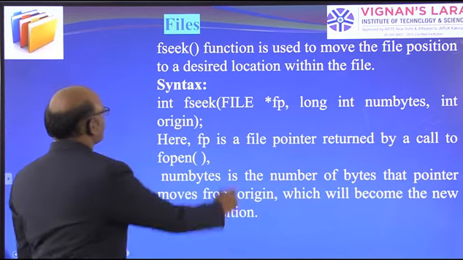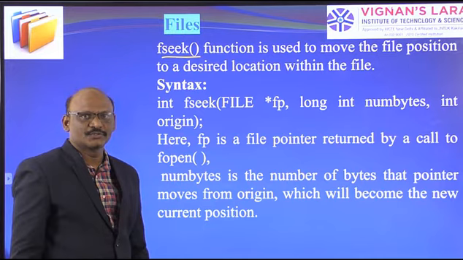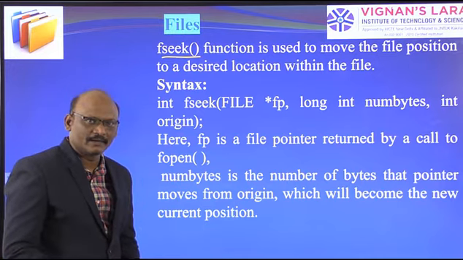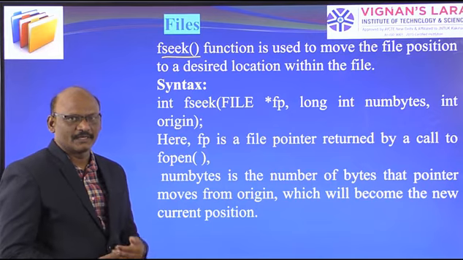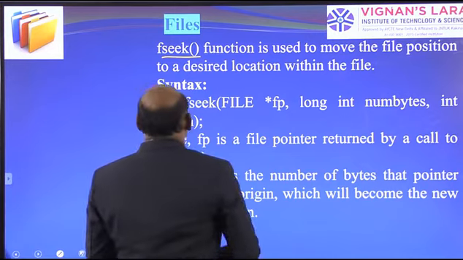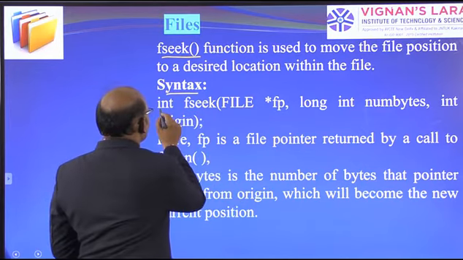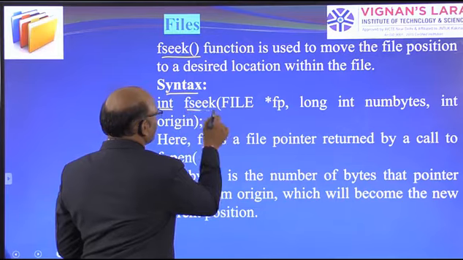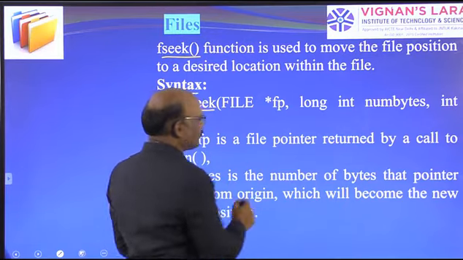First one, fseek. This function is used to move the file pointer from one position to another position, either forward or backward. Coming to the syntax, the return type is integer, the function name is fseek, and it has three arguments.